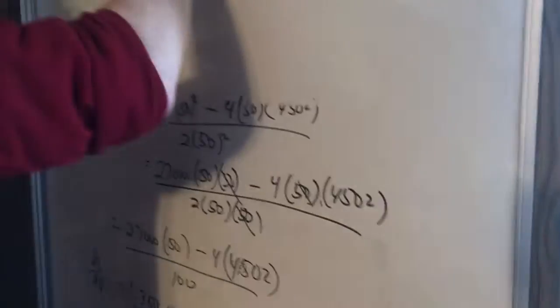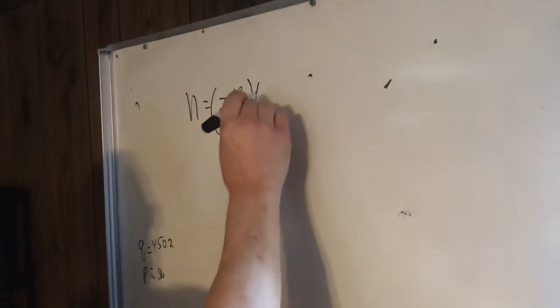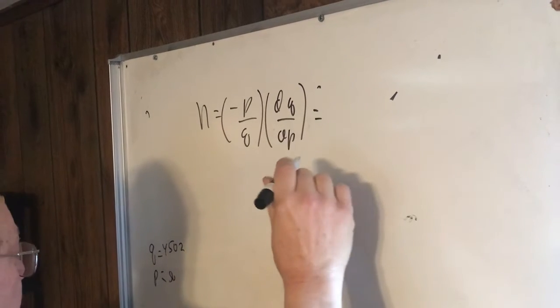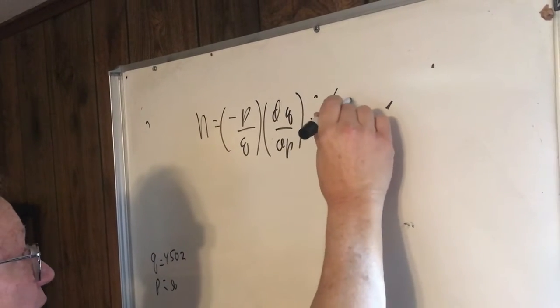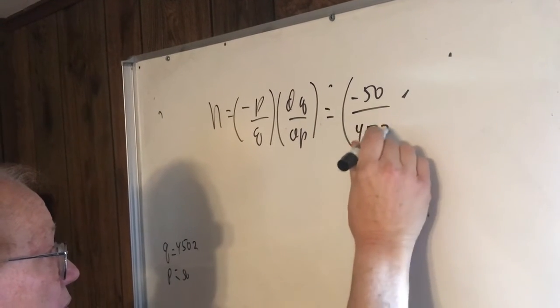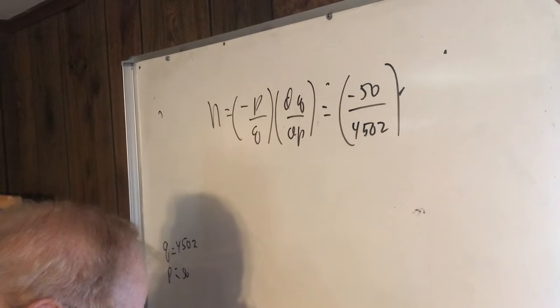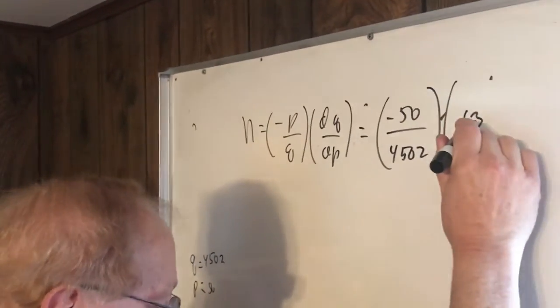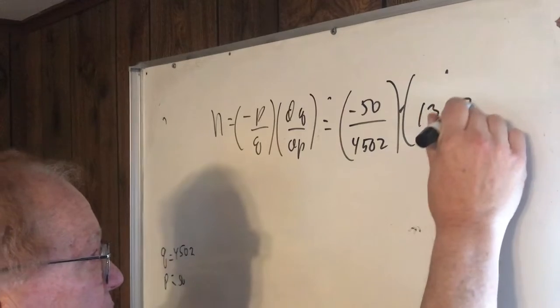It is minus P over Q, dQ/dP, is minus 50 over 4,502 times, and this is a positive, 13,319.